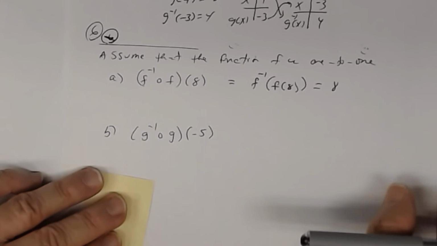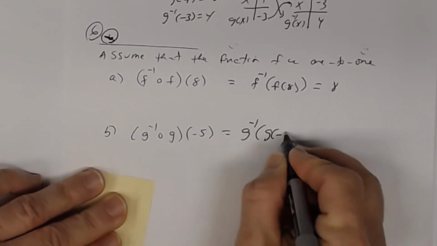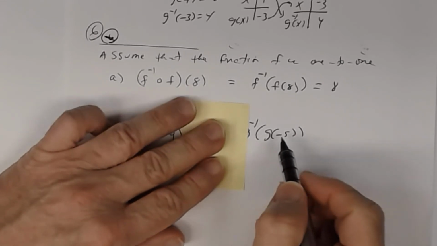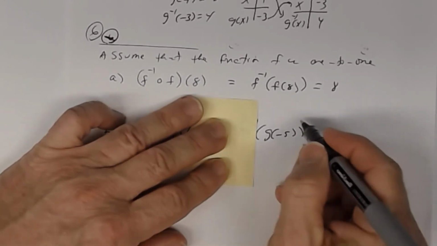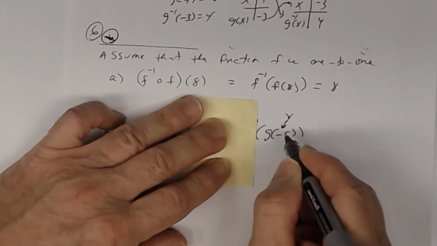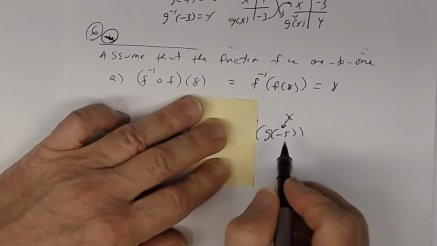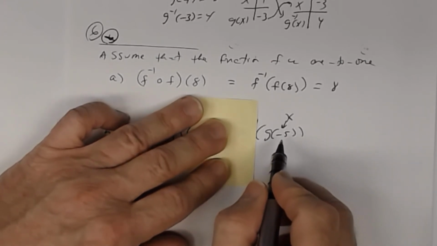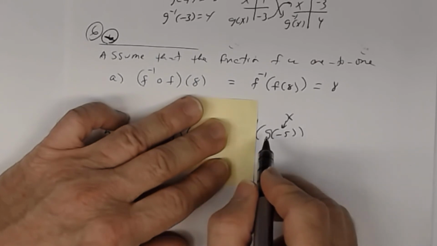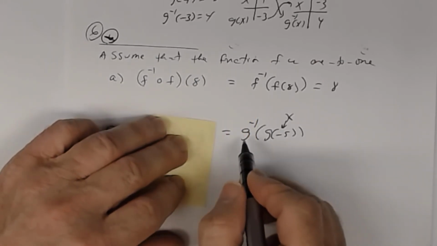Same idea here. So this is g inverse of g of negative 5. So let's talk about what that means. So first of all, this part means this. I'm taking x equal negative 5, okay, x equal negative 5. And I'm putting it into g. Whatever g is, I don't know what g is, but whatever g is doing something to negative 5, I'm going to get a y value. Then I'm going to take this y value, and I'm going to put it into the inverse of g.